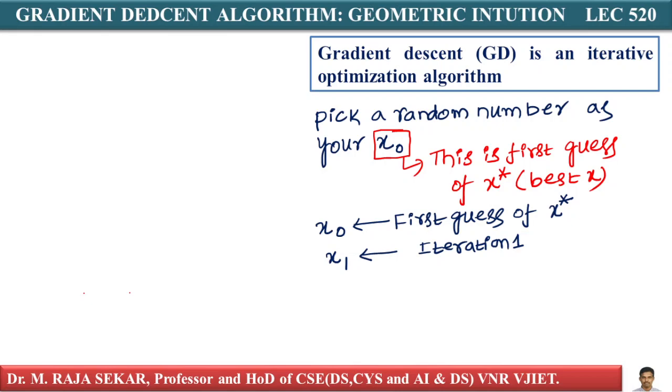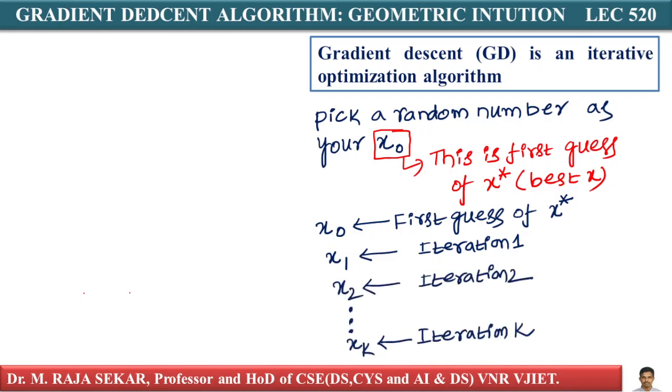X naught is the first guess, x1 is the second guess in iteration 1, x2 in iteration 2, and xk in iteration k, which is very close to x star.